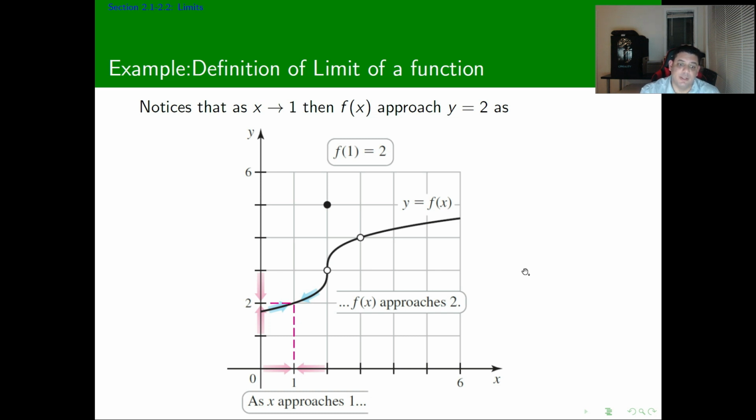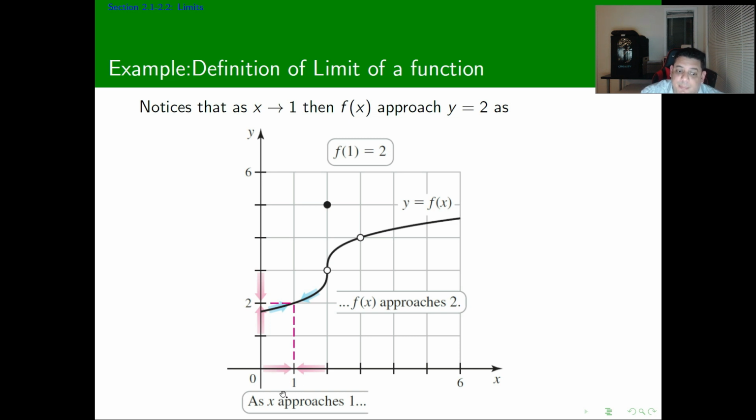Just to comment a little more on this, notice that every time I'm talking about approaching x, I have to look down below, at the x-axis, and I'm approaching from the left or from the right side.